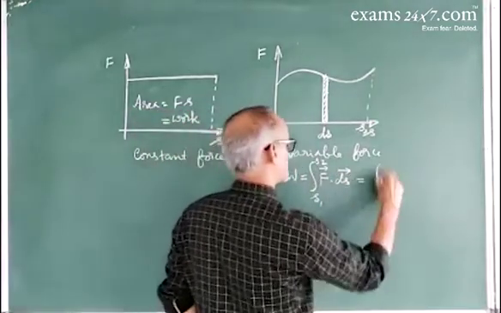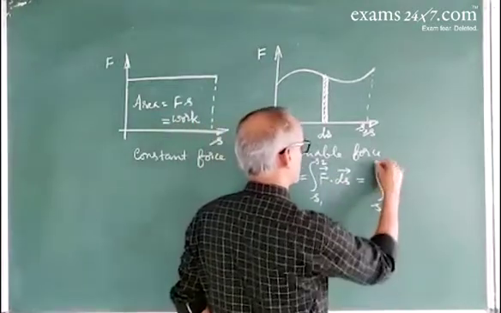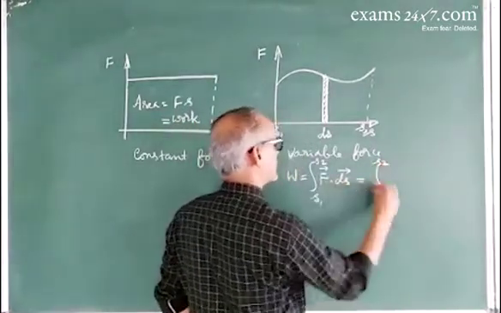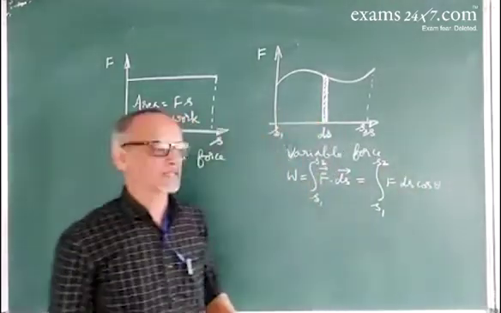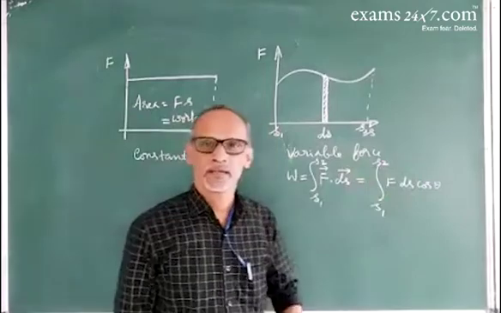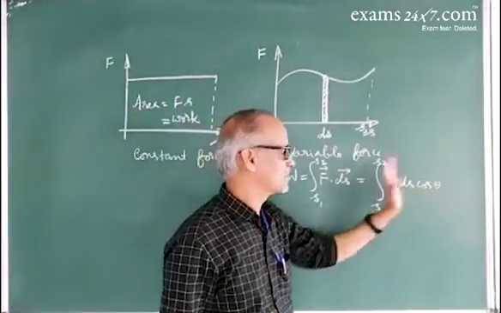And the magnitude of this vector F dot ds can also be written as F ds cos theta, where theta is the angle between the force and the displacement. And if the body moves along a straight line, then theta is 0, so cos 0 is equal to 1.